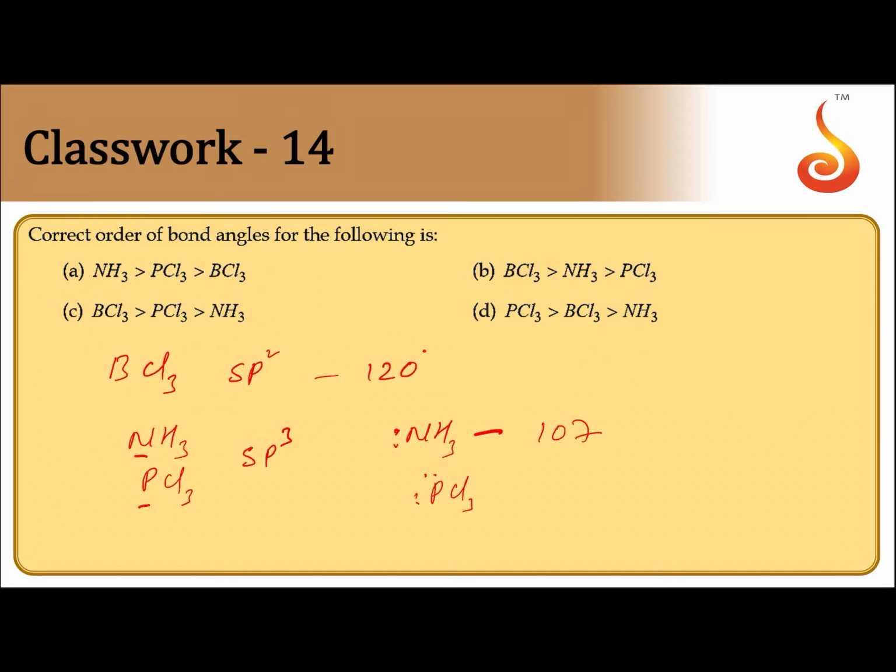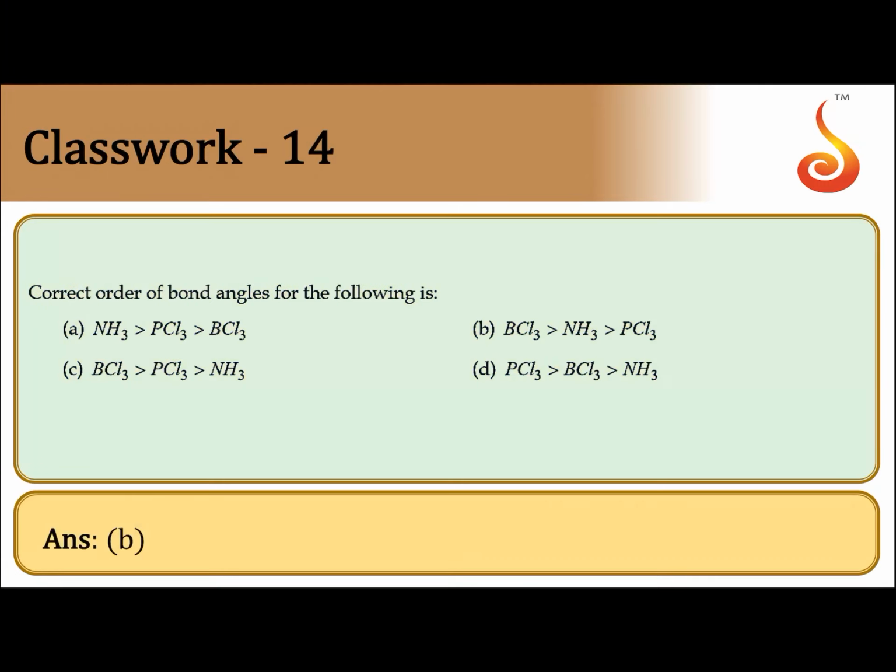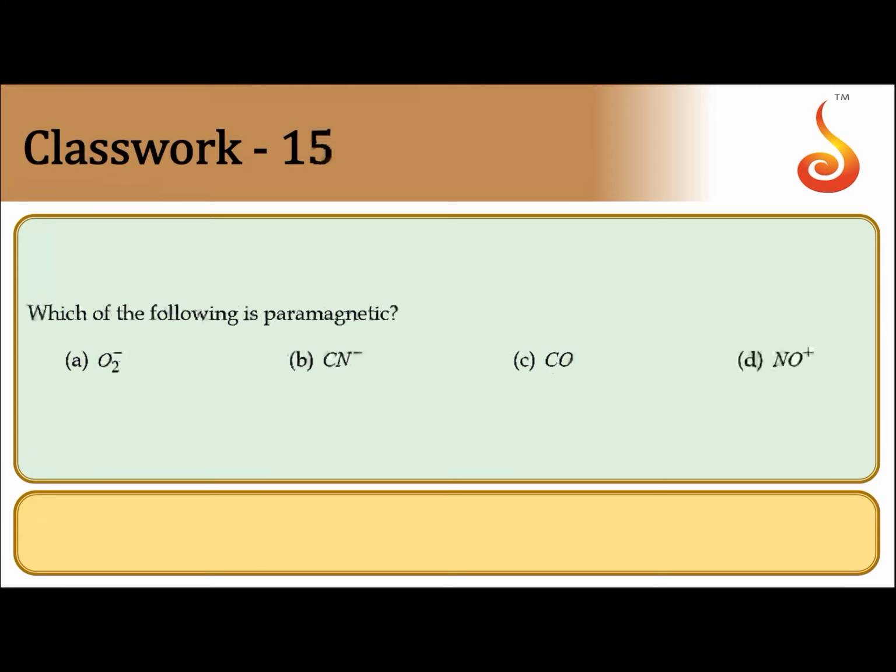The angle in ammonia is 107 degrees and therefore PCl3 has even less than 107 degrees. Therefore, the option is BCl3 has 120 degrees, ammonia has 107 and PCl3 has even less than 107 because it has two lone pairs of electrons. Therefore, the answer is option B. So it depends upon hybridization as well as the number of lone pairs and bond pairs.